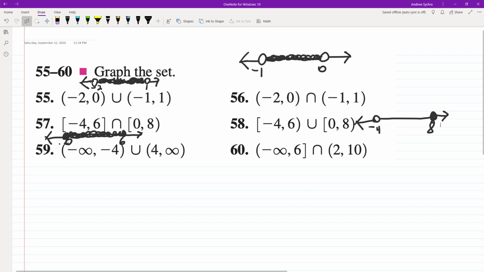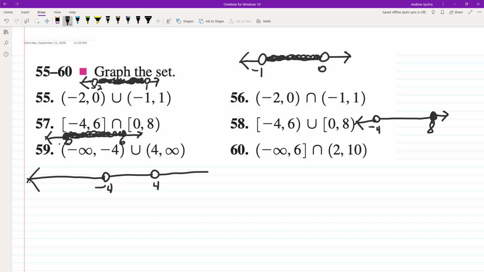All right, what about 59? So we want to cover everything they cover. It looks like it's going to go all the way from negative infinity up to -4. We'll have 4, which then goes to infinity.